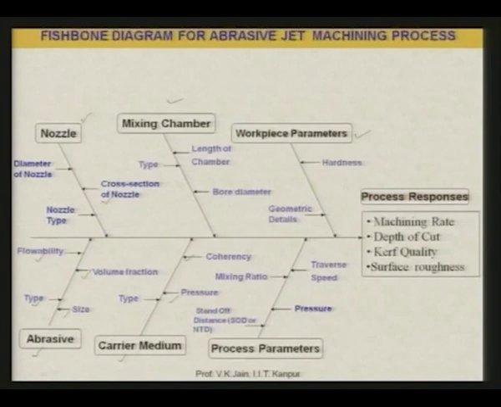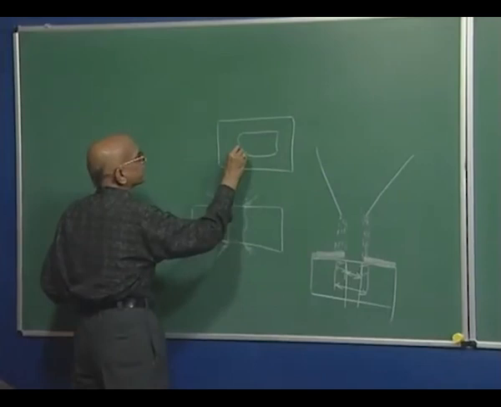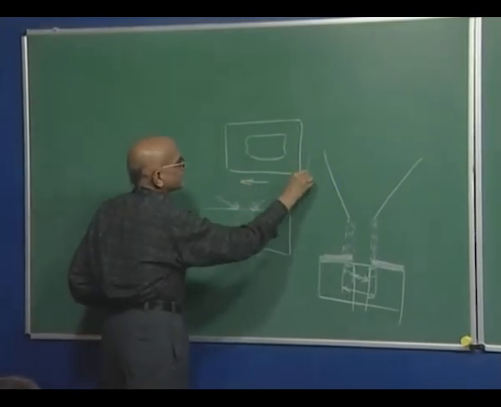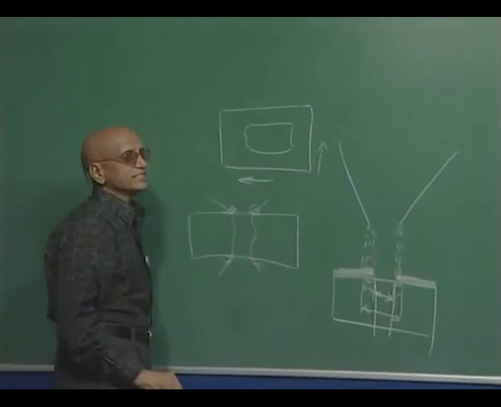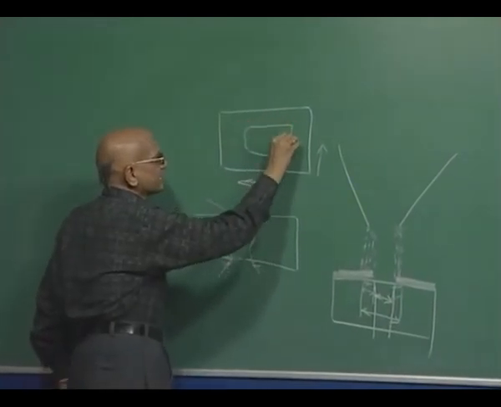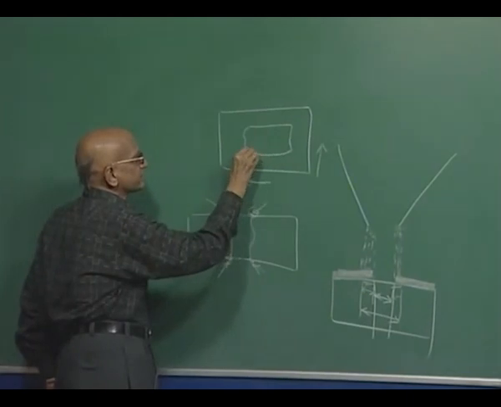Then other machining parameters or process parameters include traverse speed. This is the speed with which you are moving the workpiece to get different shapes and sizes of the cavity, just like this. If you want to create this kind of cavity on the workpiece, then you have to move the workpiece in the x direction as well as in the y direction with reference to the jet, so that the jet keeps cutting along this periphery.